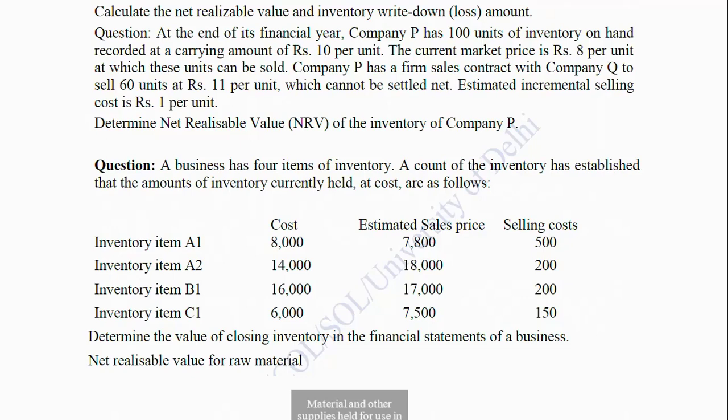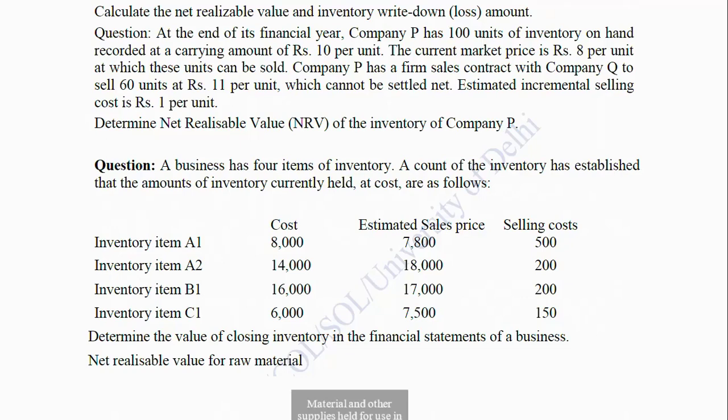Company P has a firm sales contract with Company Q to sell 60 units at rupees 100 per unit, which cannot be settled net. Estimated incremental selling cost is rupees 1 per unit. Determine the net realizable value (NRV) of the inventory of Company P.